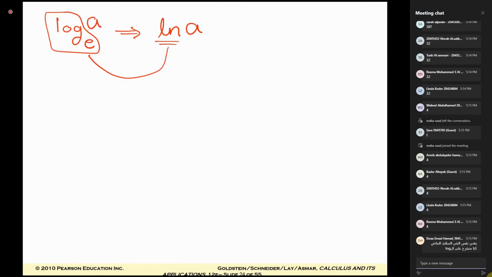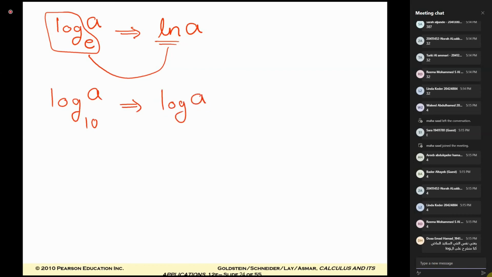Okay, in logarithms, we use in many applications the number or the base e. So this is simple to write in mathematics: convert log base e to ln, just to simplify. Also, if we have logarithm a with base 10, in mathematics we can write it as log a.